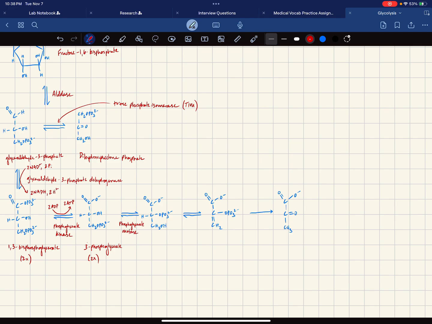You'll learn the mechanism for this as well, but it's not actually just directly moving the phosphate up there. It's trading phosphate groups with the binding pocket of that enzyme, but you'll learn that in the slides when he covers it. So we've got 2-phosphoglycerate here instead of 3-phosphoglycerate. Two of them.